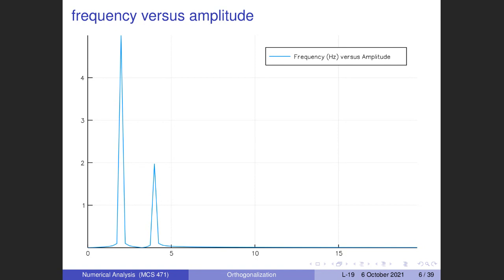So our test signal had amplitudes 2 and 5 and was running at frequencies corresponding to the two spikes here. So even if you are doing the interpolation with these cosines and sines, it will actually pick up the main frequencies.